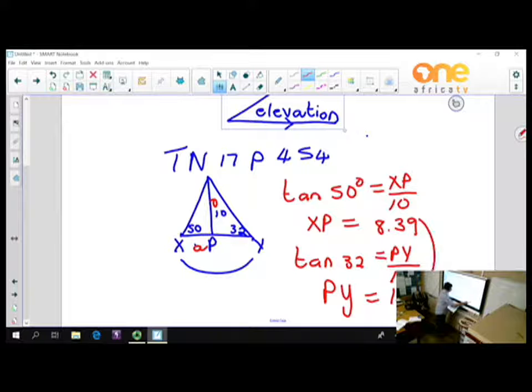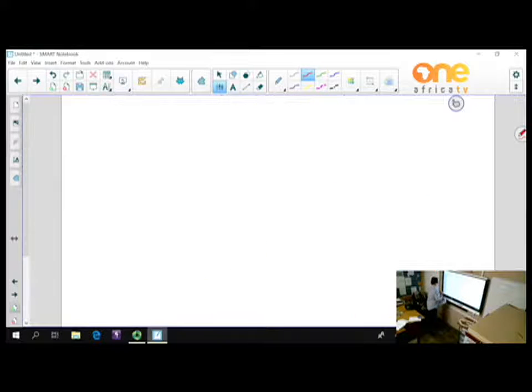If we add the 2 now there, the final answer is 24.4. So angles of elevation and depression works exactly the same. You must first now try now 18 before you listen to the recording. Page 455.